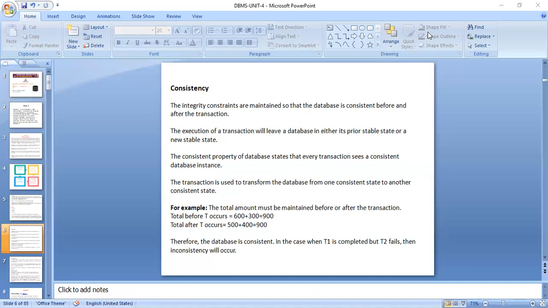So this is a sort of consistency on the amount basis. The database is consistent when T1 is completed before T2; otherwise, inconsistencies will occur. So T1 and T2 should be concurrent and should be perfect.